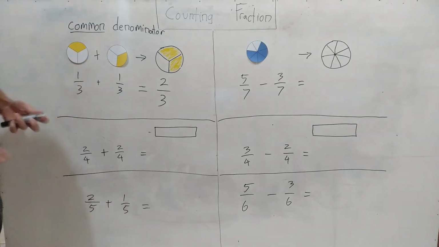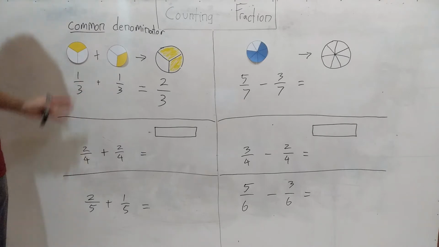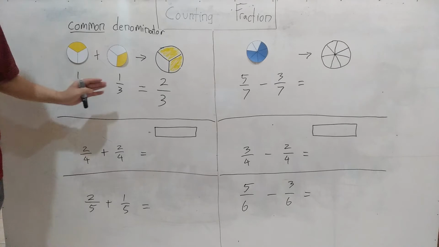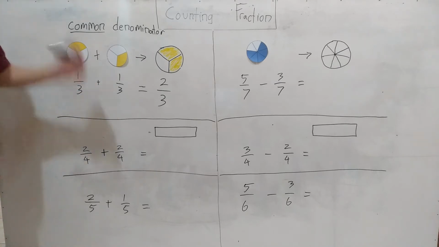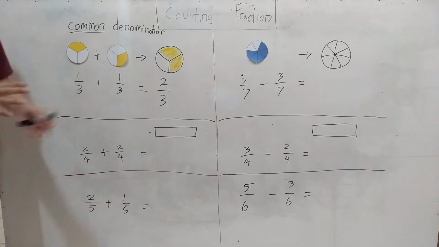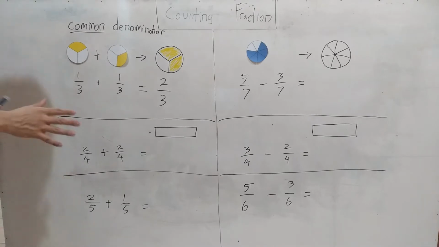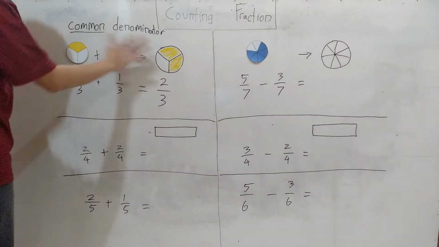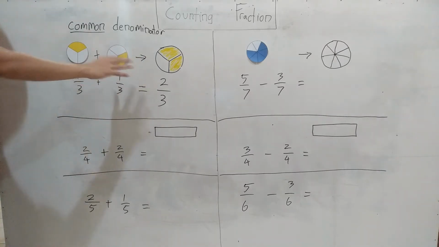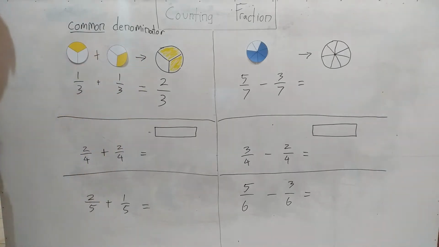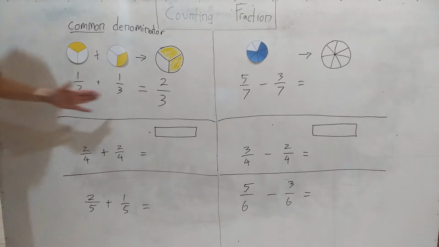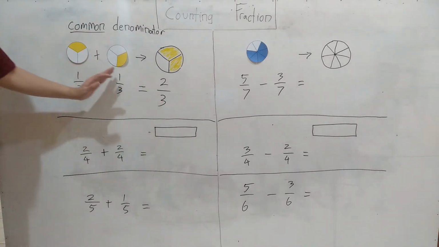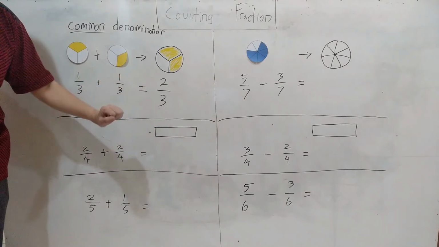You can add fractions even though they don't have the common denominator, but then you have to do something about that, which we are not going to learn today. Today we are going to focus only on fractions with a common denominator, like the one that we had here. So again, when you have the same denominator, the denominator stays while you do the operation on the numerator.